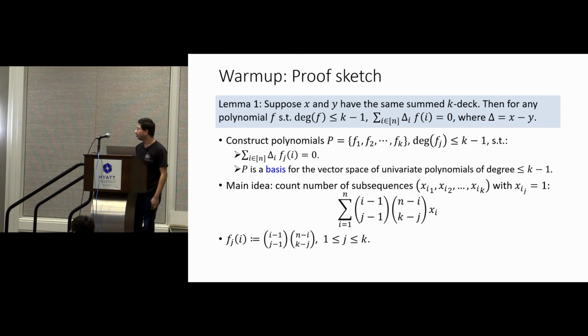And now if I look at this product of binomial coefficients as a polynomial in i, then this has degree k minus 1, and because x and y have the same summed k deck, all of these counts will match. So these polynomials will satisfy the first equation, and it's not too hard to show that these form a basis for all polynomials of degree k minus 1.